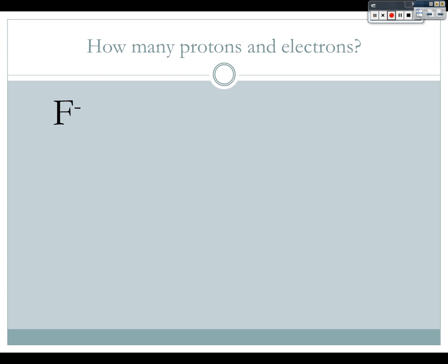So F minus. Now, fluorine, this means that it's a fluorine negative ion, so it's a fluorine anion. Fluorine from the periodic table we know has 9 protons. But if it's negatively charged, that means it has too many electrons, specifically one more electron, because it's just a 1 minus charge. So if it has 9 protons, then it's going to have 10 electrons. Okay?